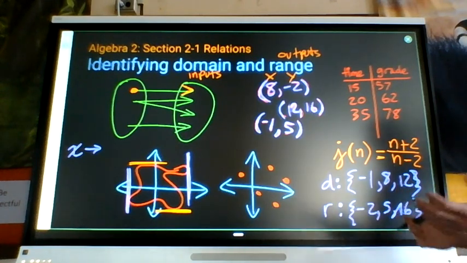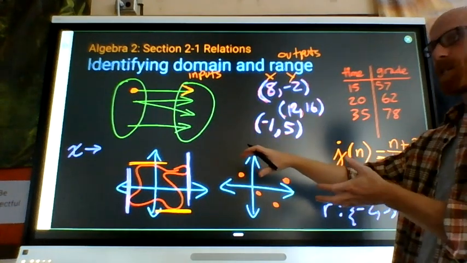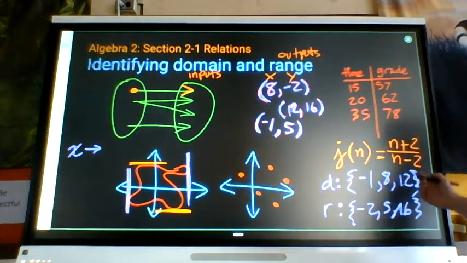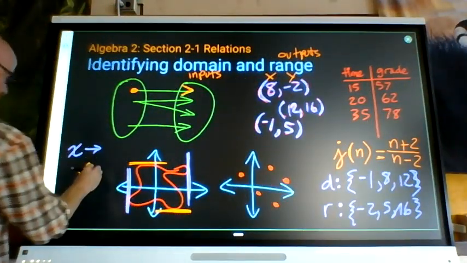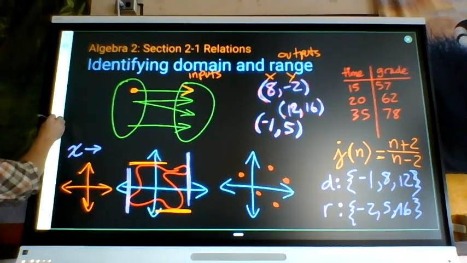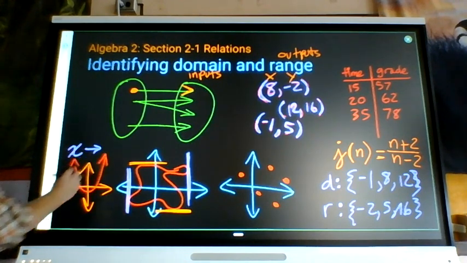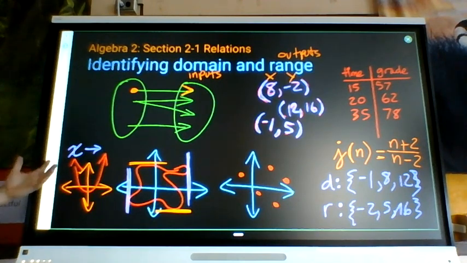Outputs, you almost have to know what a graph looks like, or have a feel for what a graph looks like, because sometimes, for example, if you have a parabola, okay, it's going to open up in one direction, and then you're almost thinking like this, right? What can Y be?